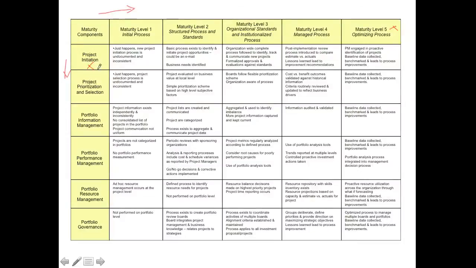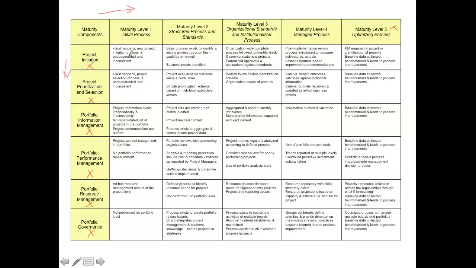We have the initiation, we have the selection, the product portfolio management, performance monitoring, resources, and governance, right? So this matrix outlines what parts are in place and how they act throughout the various maturity levels and all of these different components. So it's a very nice cheat sheet for you to use to get a good overview of what we're talking about.